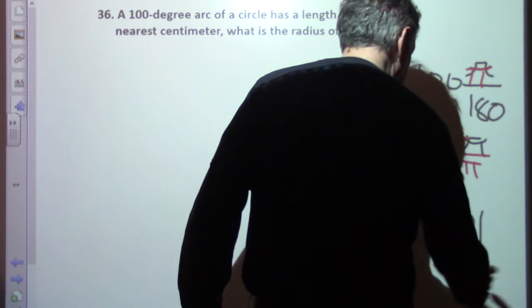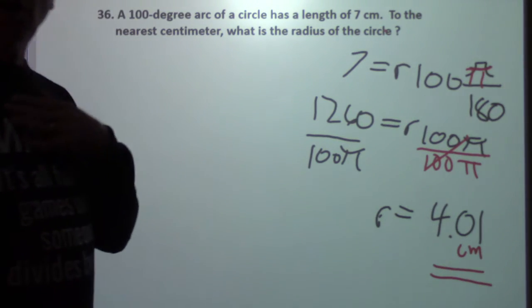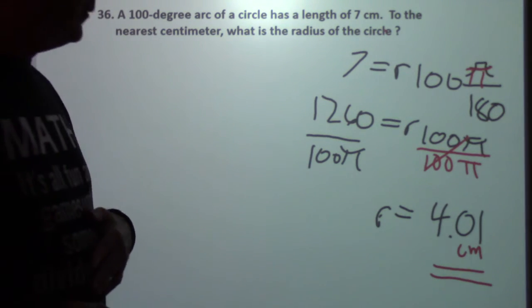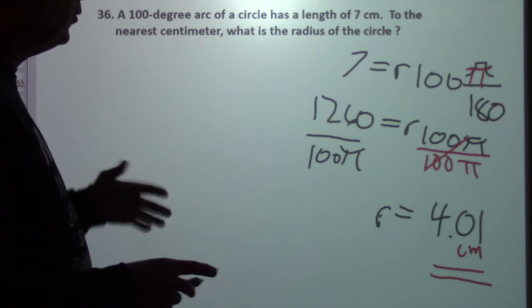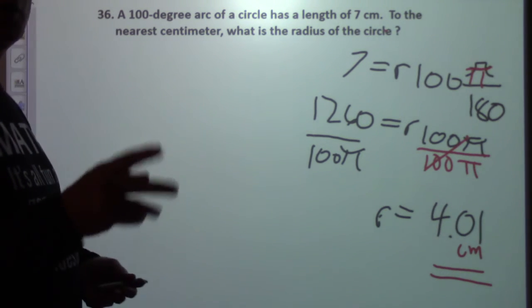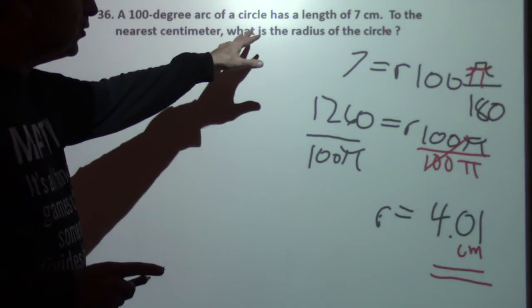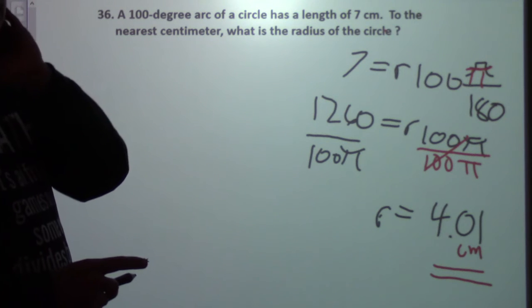Okay. Now, what I want to do is, like I mentioned a little bit to the other class, I want you to try to grow and develop some intuition on what happens here on these things. You've got a 100-degree arc of a circle that has a length of 7 centimeters.